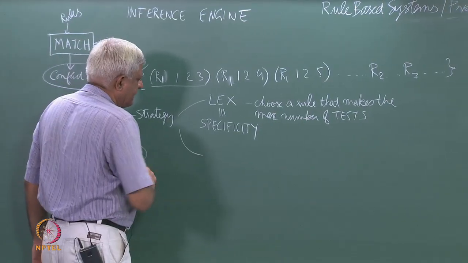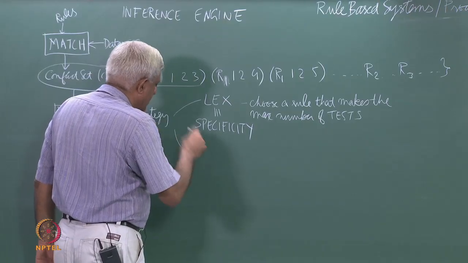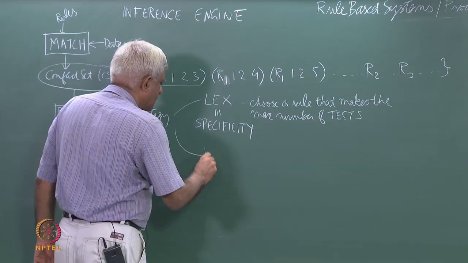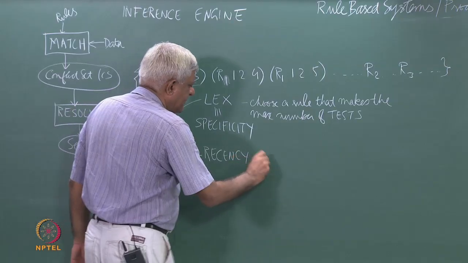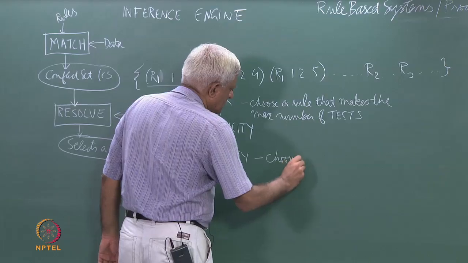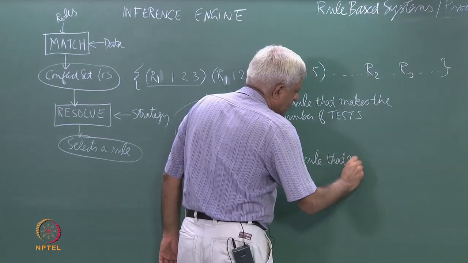Another strategy is looking at the timestamp, which is called recency. It says choose a rule that matches the most recent data.